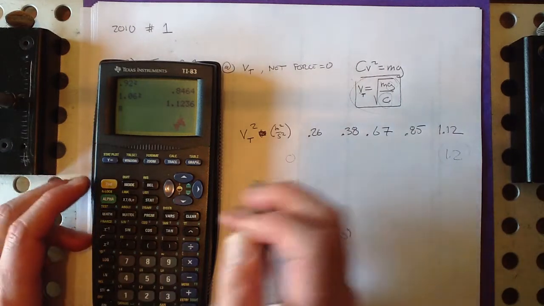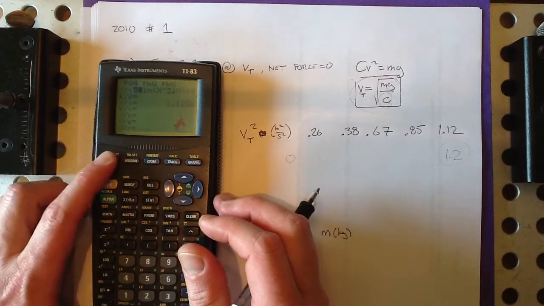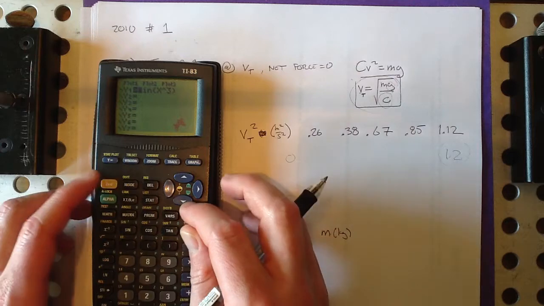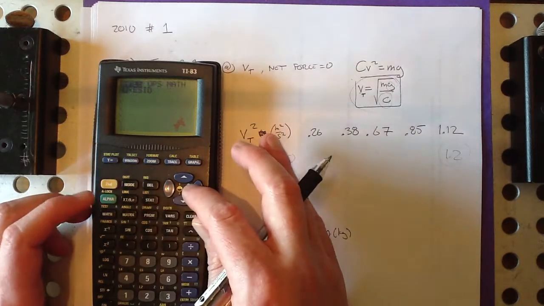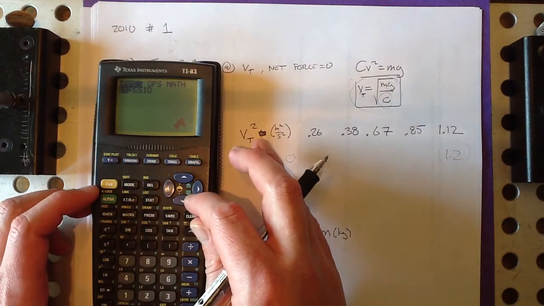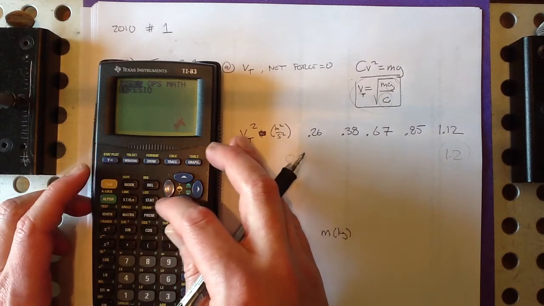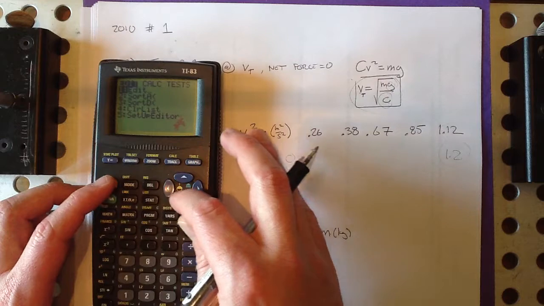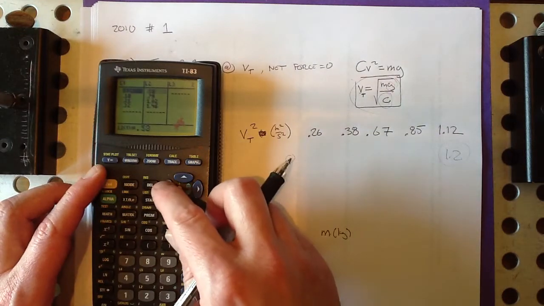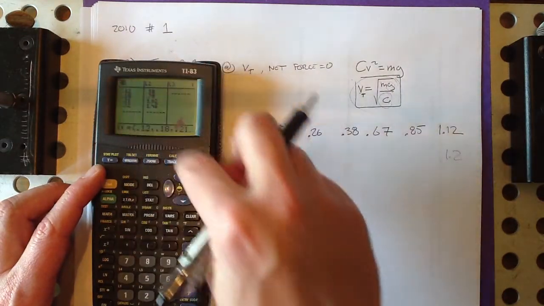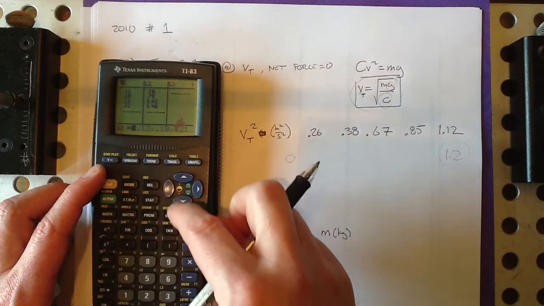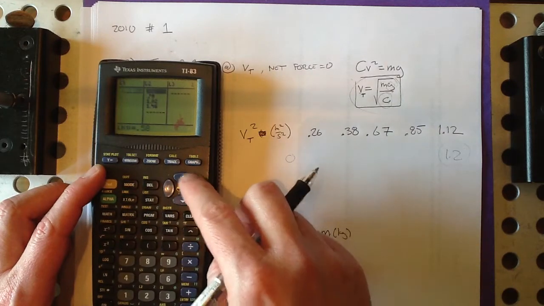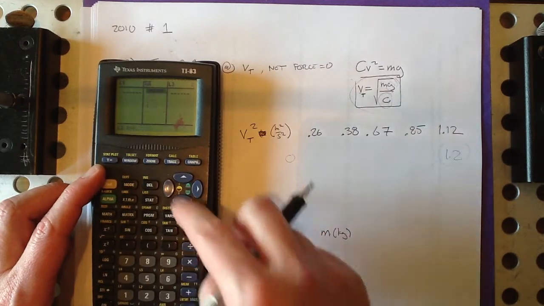Now, let's go ahead and graph. I'm going to go into the lists, edit, and clear. Don't go into L1 and hit delete. Remember, that causes all sorts of problems. Just go to L2 and hit clear.